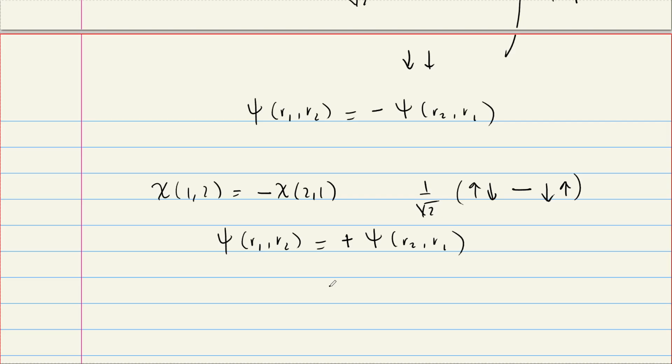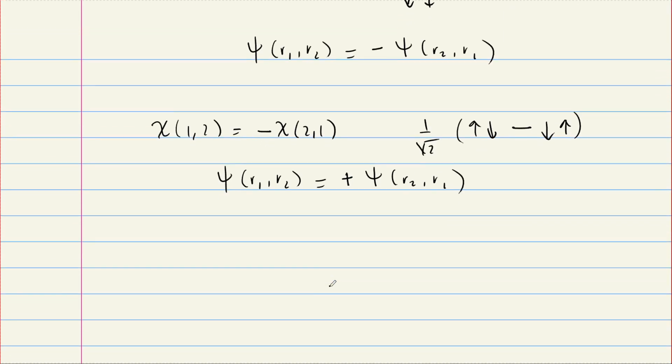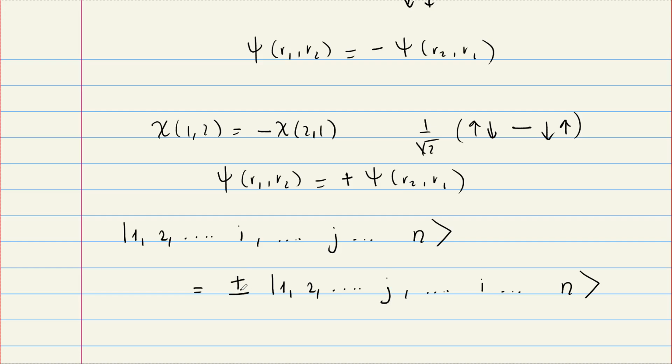If I have more than one particle, I just symmetrize the entire thing. Generally we have many, many electrons, with labels 1, 2, dot dot dot, some ith electron, dot dot dot, some jth electron, and suppose I have n electrons. If I do the exchange here, and this i and j incorporate everything, including spin, if I exchange i and j, I need to get plus for bosons, minus for fermions.